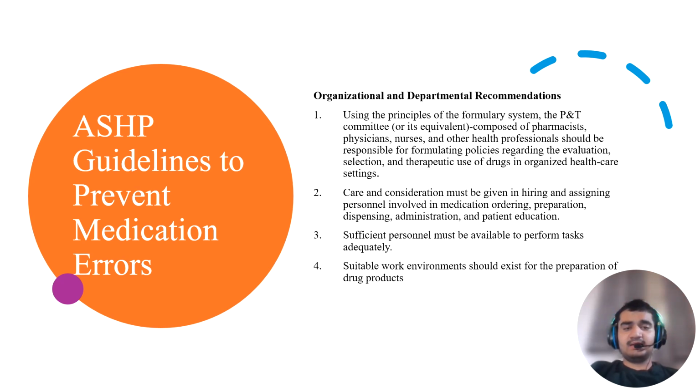Care and consideration must be given in hiring and assigning personnel involved in medication ordering, preparation, dispensing, administration, and patient education. Sufficient personnel must be available to perform tasks adequately. Suitable work environment should exist for the preparation of drug products.